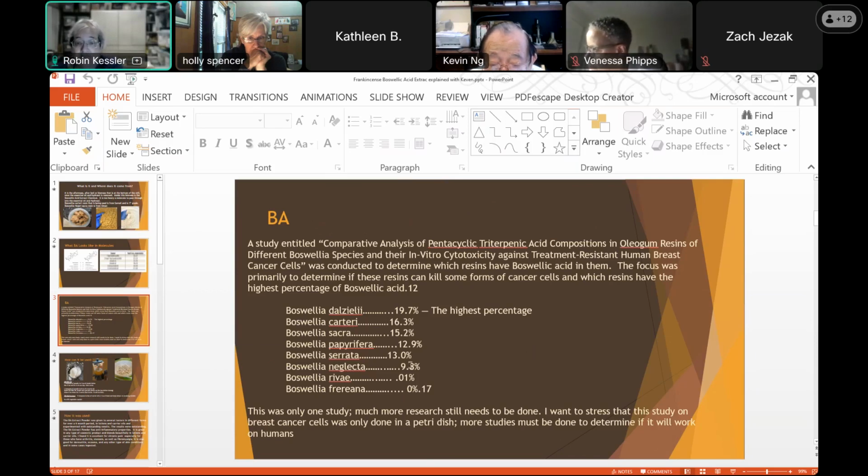These are the resins, not powder, that have the highest percentage of Boswellic acid in it. Dalzelli, which has the highest percentage, is a very hard resin to get because the tree does not produce the resin more than once a year, if that much. So it's very, very expensive.